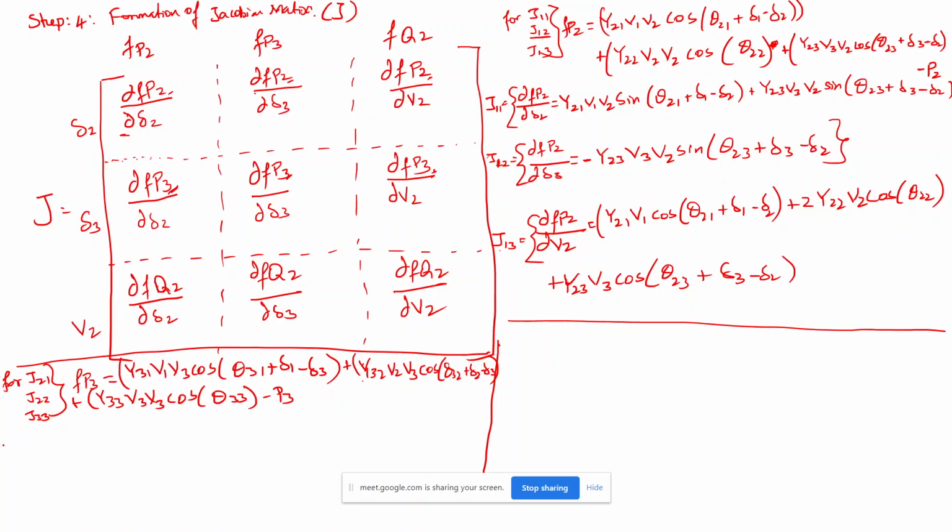So for J21, what is the equation? J21 is dou FP3 by dou theta 2, and if you differentiate this, what value will come?